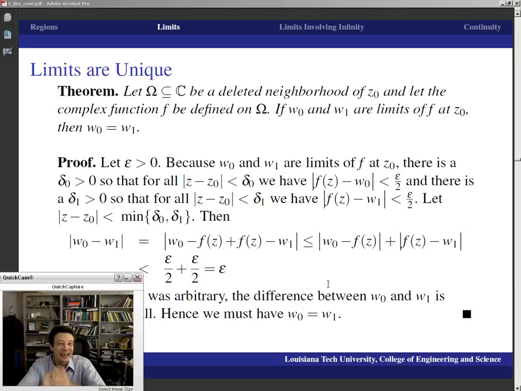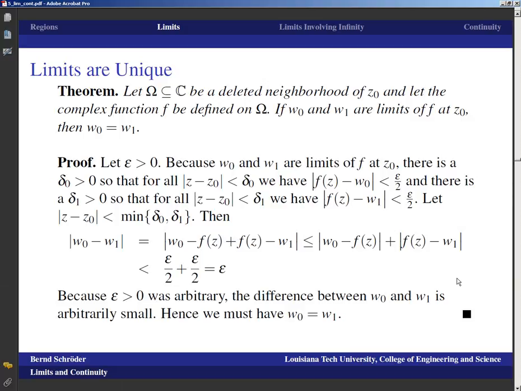Now let's take a look at how you get this idea. The main idea in analysis, and also in complex analysis, therefore, is that you always want to control differences and make them small. So, for example, if I want to show in analysis that two numbers are equal, it is quite a standard approach to just show that the absolute value of the difference of these two numbers is smaller than any epsilon.